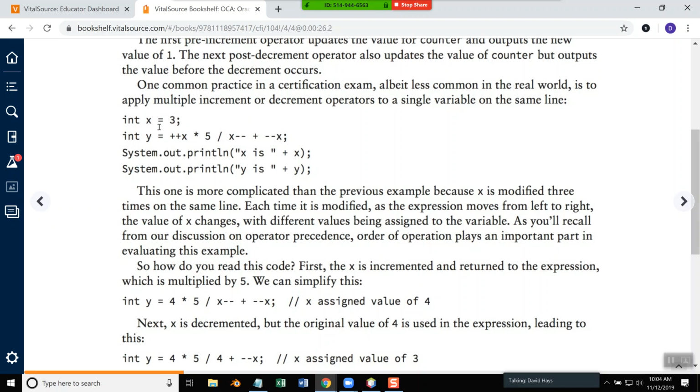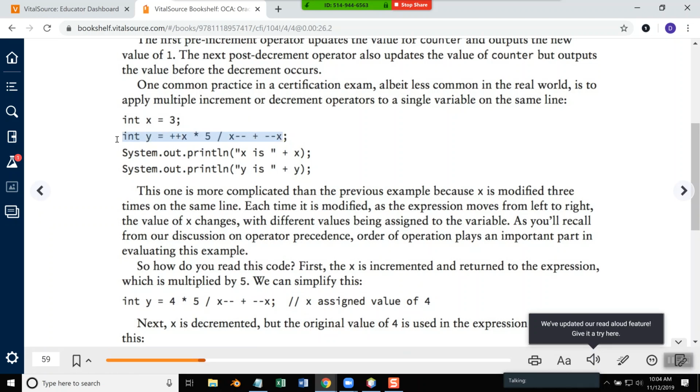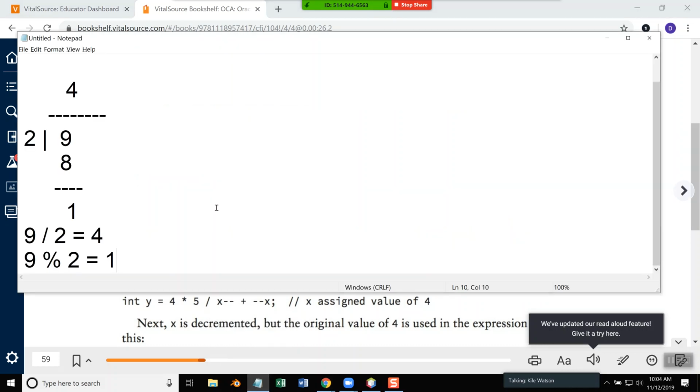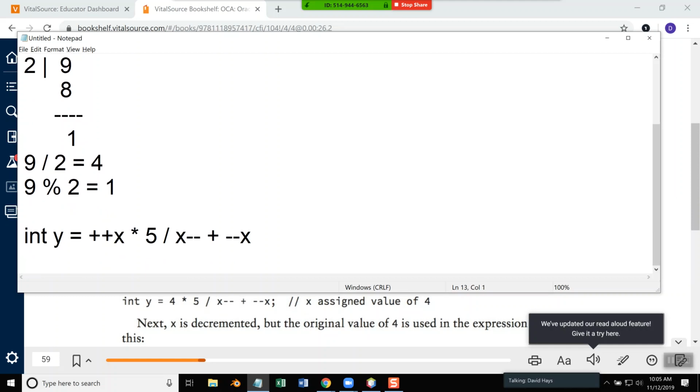Oh, yuck. What's this one doing? X is 3. Yeah, this is going to be interesting.